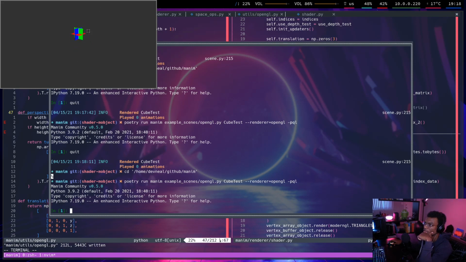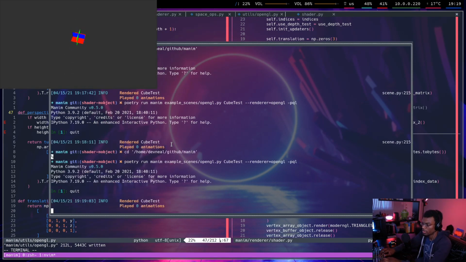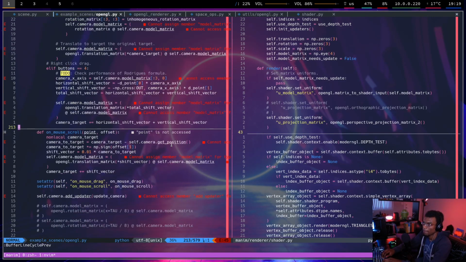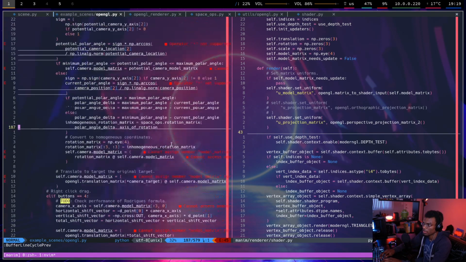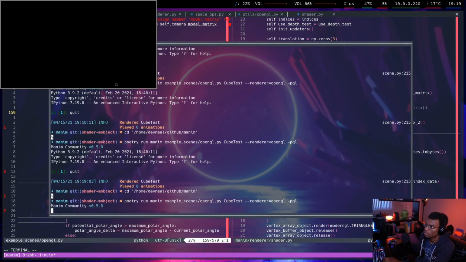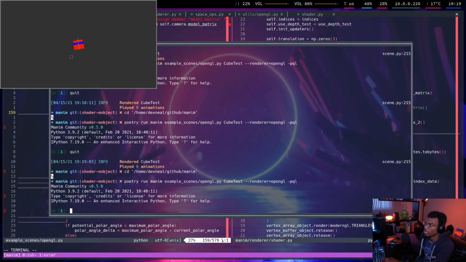I don't know why these angles are different. Like I thought this was bounded at pi over 2 for how far down I could go. So I look at the example. The maximum polar angle I had at pi over 2. Why is it? The projection shouldn't do anything with allowing the camera to go, oh.